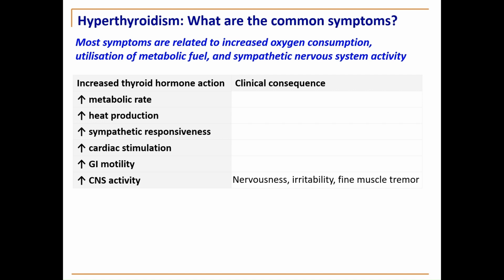And so we can see in this one, I've already given you one answer, did that on purpose, honest. If you have an increase in central nervous system activity, that can lead to nervousness, irritability, and fine muscle tremors. So there are some of the classic symptoms that patients may have. So again, press pause and have a think about what the other clinical consequences that patients may have. Again, linking physiology to what happens in the body.